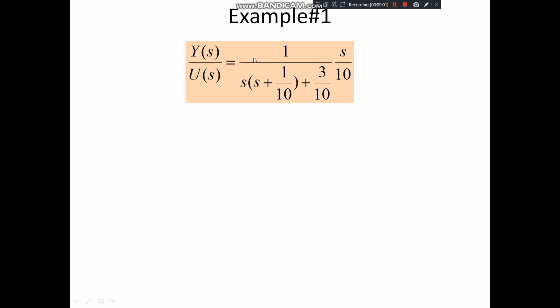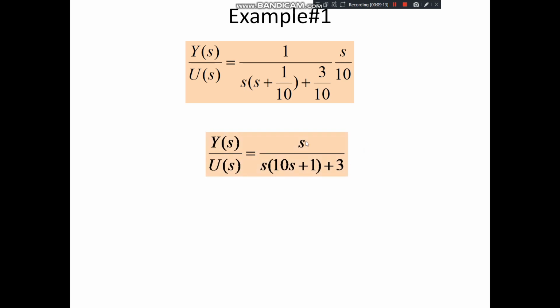This is our transfer function, Y(s)/U(s), which is equal to 1 upon s(s + 1/10) + (3/10)(s/10). After simplification we get s divided by s(10s + 1) + 3. If you simplify this further, it will be s divided by 10s² + s + 3.